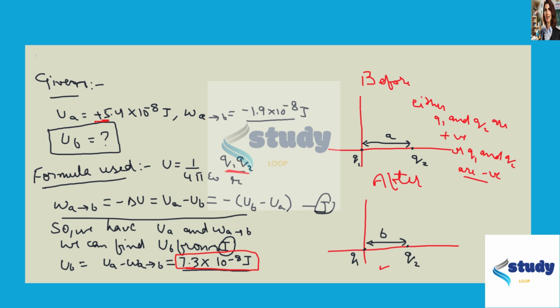When you take the product of Q1 and Q2, if they are both positive, this will give a positive result. That's why we have UA positive. And if they are both negative, they also give a positive number. That means they are repelling each other.